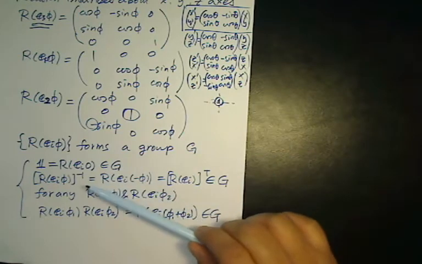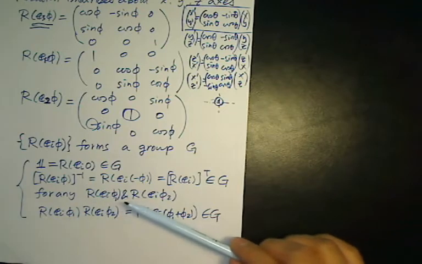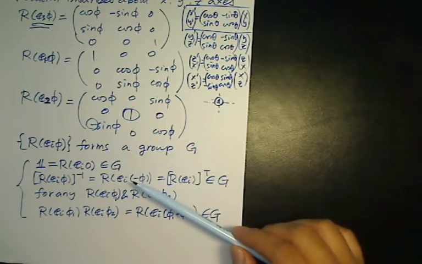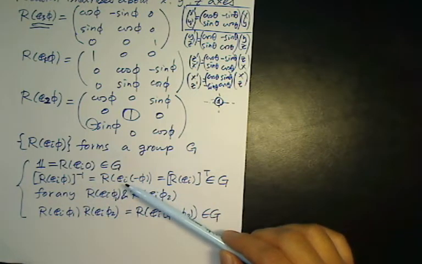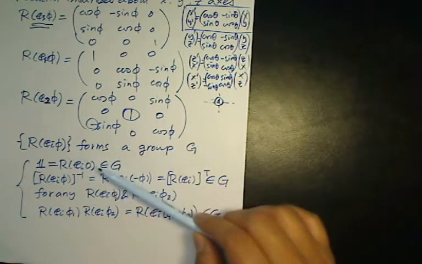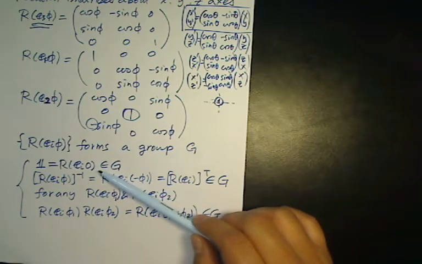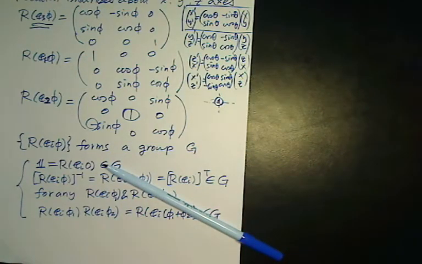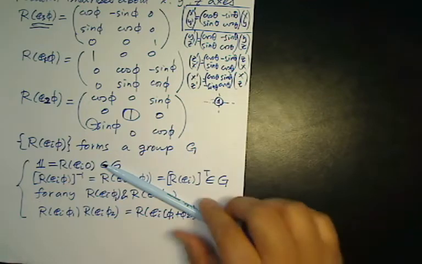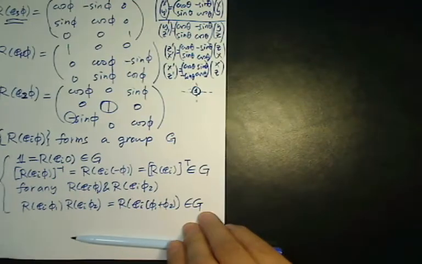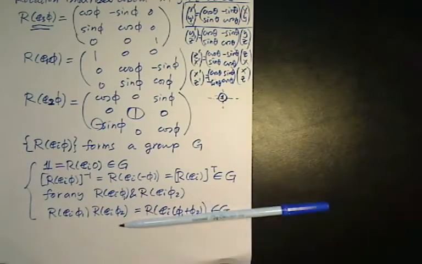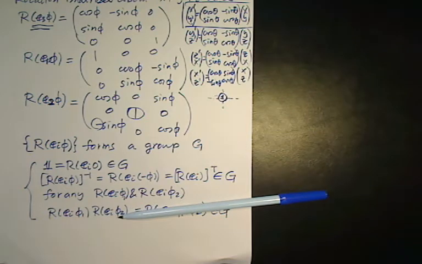So they commute, and the product is also an element of the group. An inverse exists for every rotation, and the invariant transformation, that means do not rotate, the identity, is an element, and the product of serial rotations is another rotation of the same kind. So that's the property of the group.